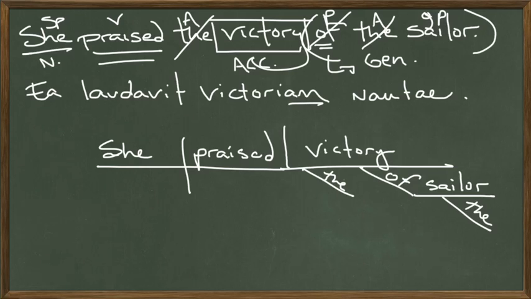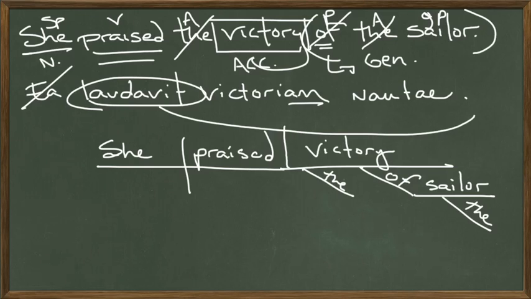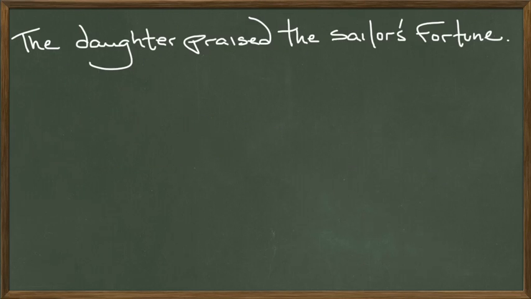Now honestly, unless you're showing emphasis, Latin probably wouldn't even include the pronoun ea. So now we're left with laudavit victoriam nautae. We're down to 3 words. And the Romans liked to place the verb at the end. So we would actually end up with victoriam nautae laudavit. Victoriam nautae laudavit.